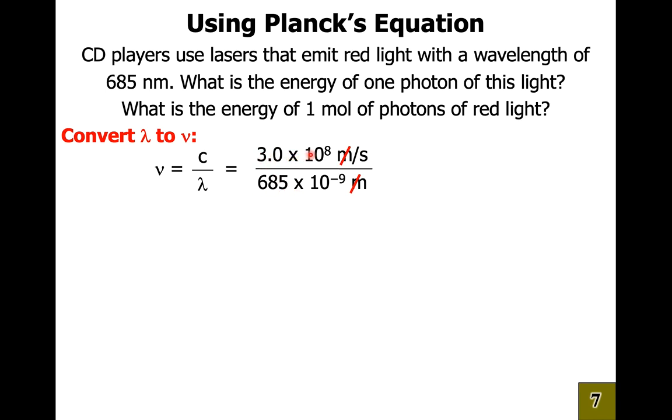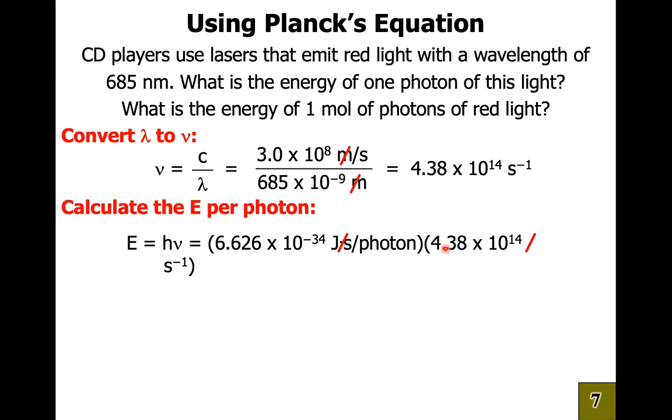So 3 times 10 to the 8th meters per second. And you may notice this is not proper scientific notation, but your calculator actually will take this, 685 times 10 to the minus 9. And this gives us 4.38 times 10 to the 14th per second as the frequency of that light.